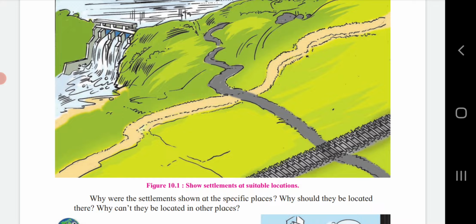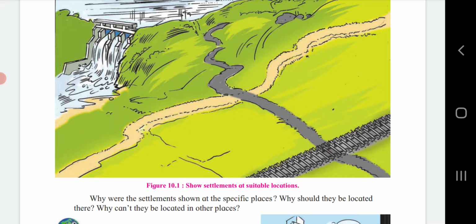If you observe here, I think near the dam, at that place, the settlements can be there, and after that the road, at that place also we can see, near the right hand side road, maybe it is a railway route, so near to that also houses or settlements can be settled.